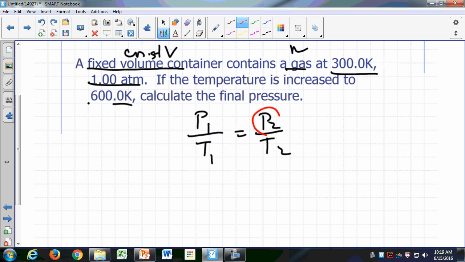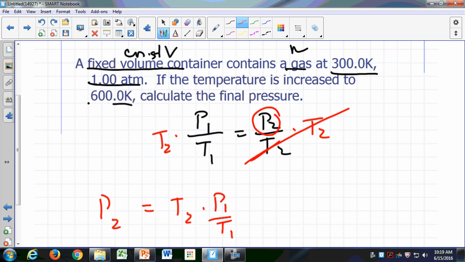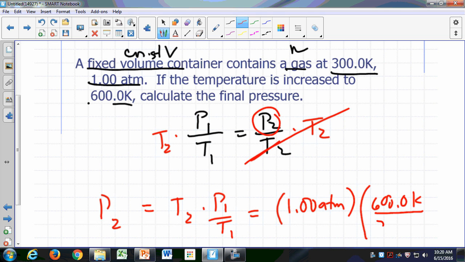We're calculating the final pressure, so I solve for that by multiplying both sides by T2. That will cancel my T2 from one side. So P2 is equal to T2 times P1 over T1. Or I can rearrange that: P1, which is 1 atmosphere, times T2, which is 600 Kelvin, over T1, which is 300 Kelvin.